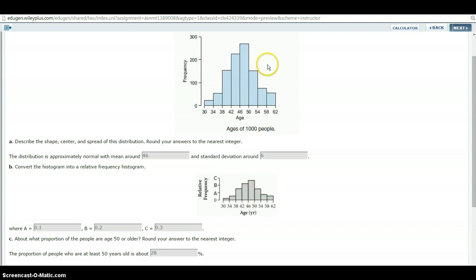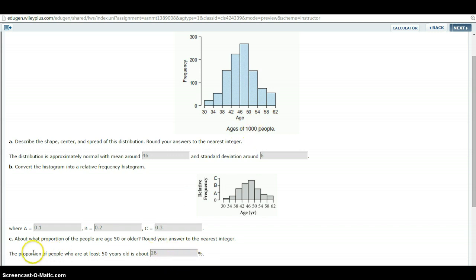Now, could you have instead used these 3 bars? Absolutely. So you could have found that this is 150 people, this is maybe about 80, maybe about 50 people right here. That would give you a total of 280 people. But then you would have to calculate the proportion, so we'd have 280 divided by 1,000 would give us 0.28.